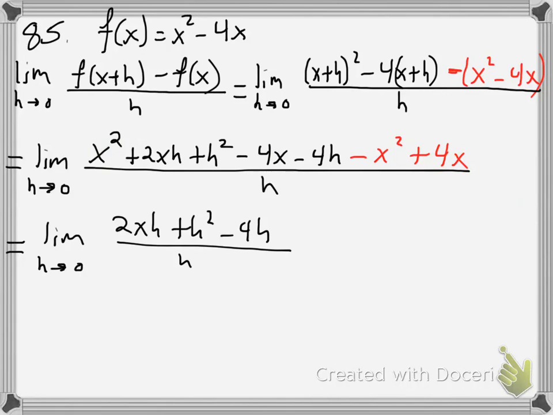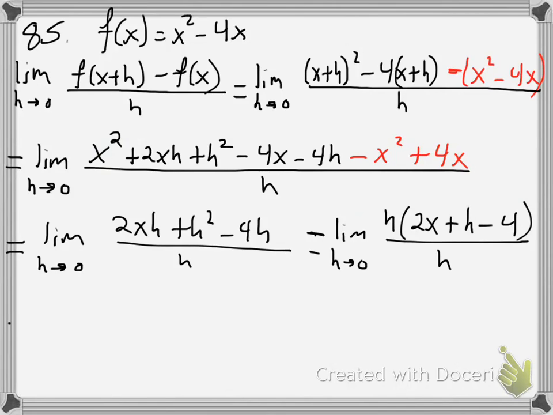Now, if we look at the limit here, you see how the numerator all has an h, so we're going to factor an h out. I think part of the equal sign got erased, so let me put that in there.